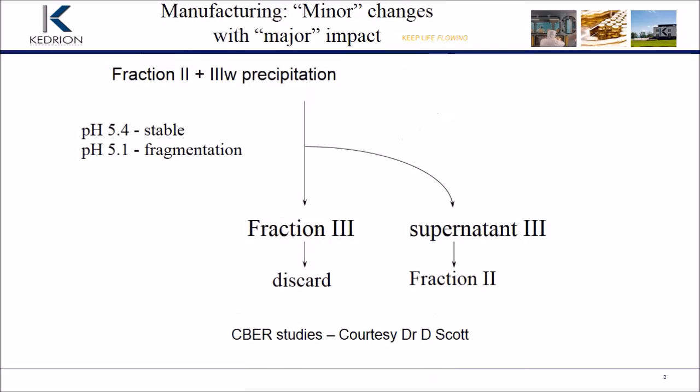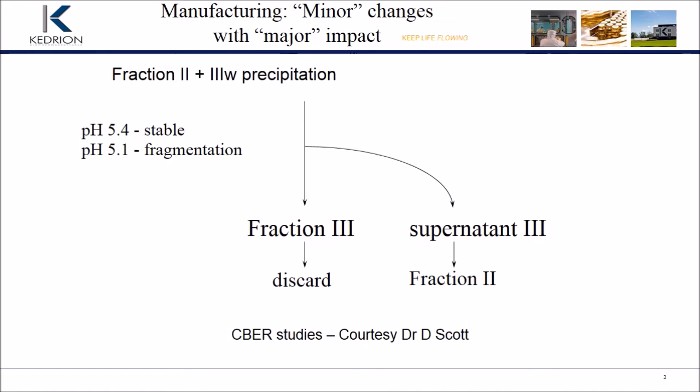The point I want to make immediately is that there are a number of important parameters which are variables in generating the products in this scheme, including the concentration of alcohol, the temperature, the pH, the protein concentration, and so on. So there are a large number of things which are changed over the course of fractionation to give us the products. And the variability possible in these parameters has a marked effect on the product.